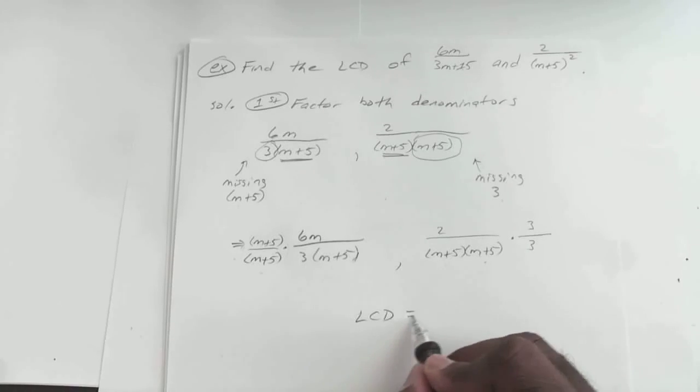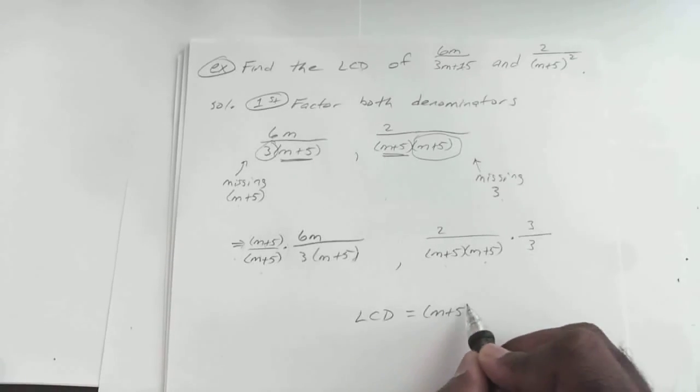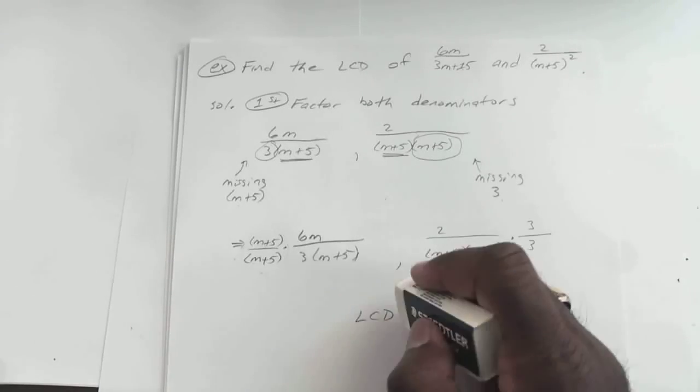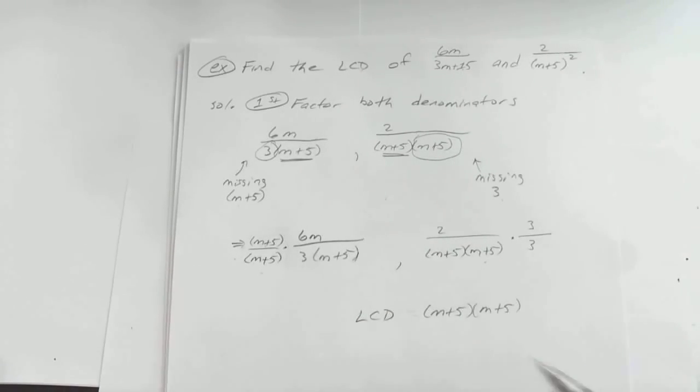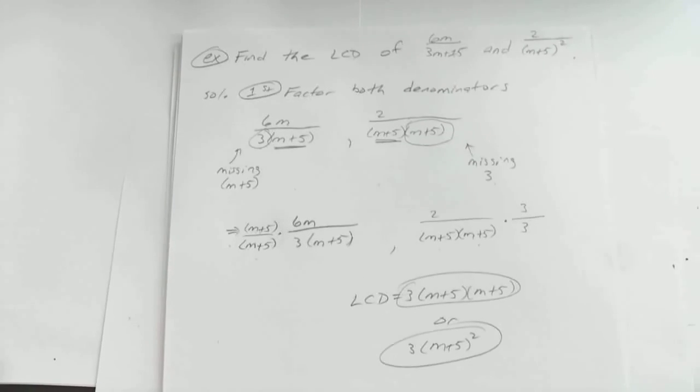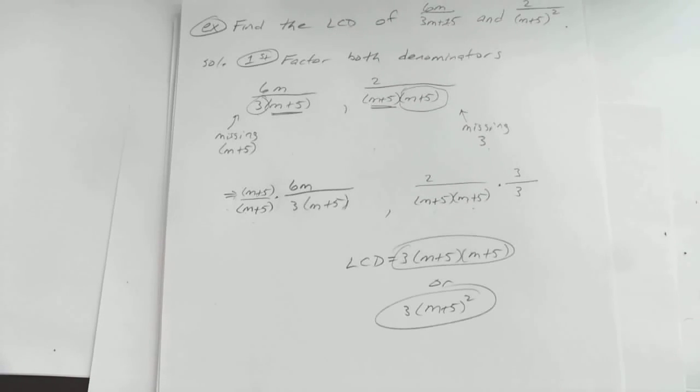So our least common denominator will be m plus 5 times m plus 5. You can put the 3 in the front if you want to, doesn't really matter. Or 3 times m plus 5 squared. Move that up a little bit.